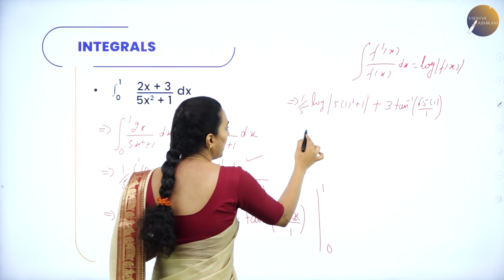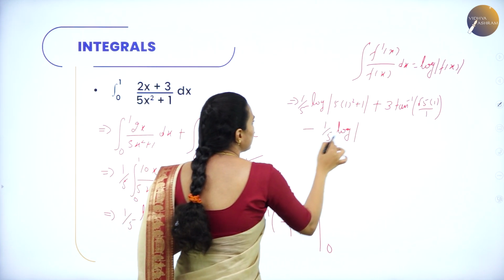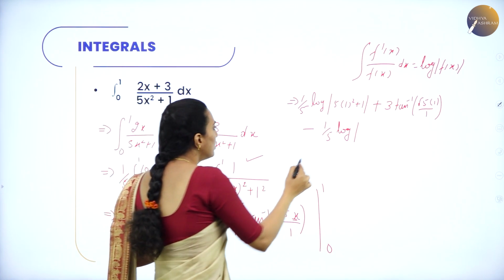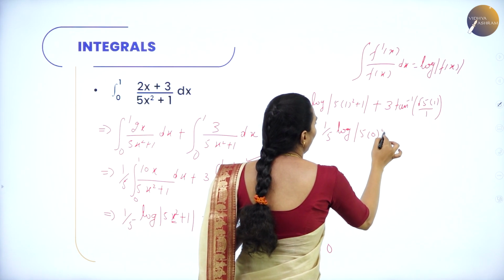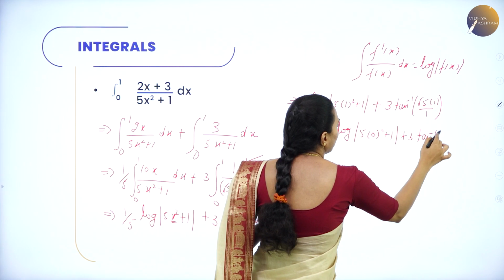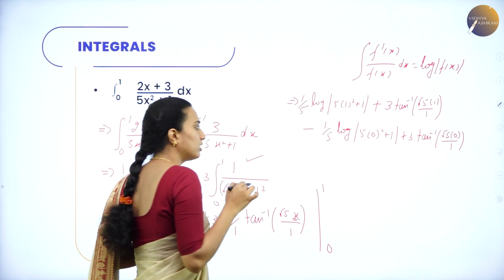Now this is the upper limit, minus 1 by 5 into log of the lower limit. The lower limit is 0, so wherever x is there, substitute 0. So 5 into 0 squared plus 1, plus 3 into tan inverse of root 5 into 0 divided by 1. Anyway, divided by 1 gives you the same thing.